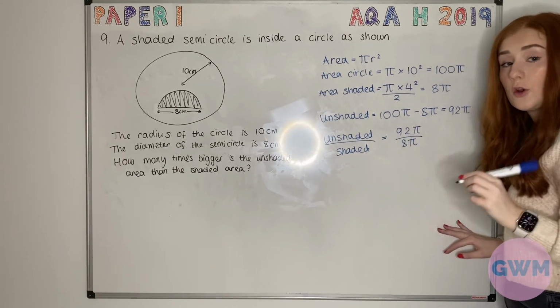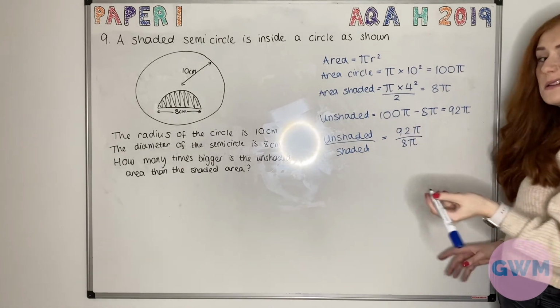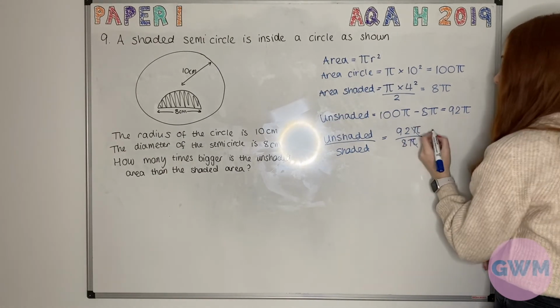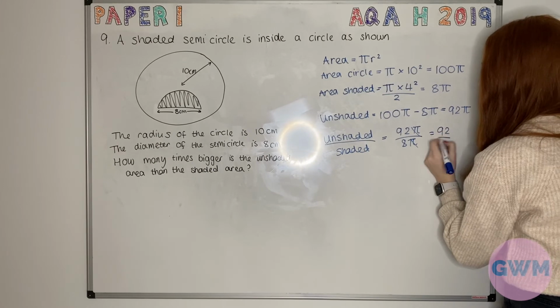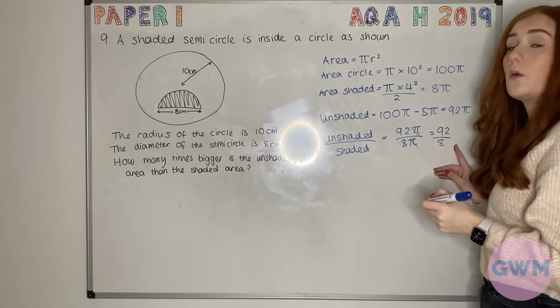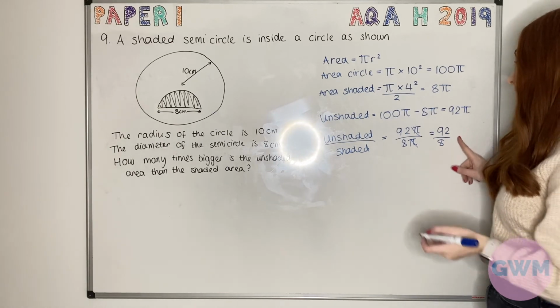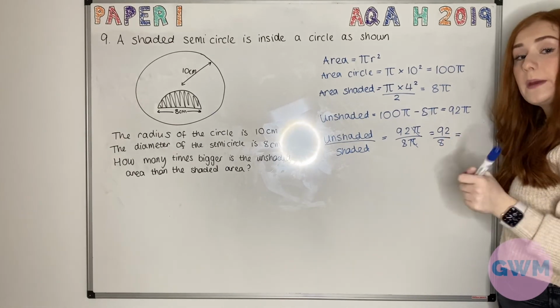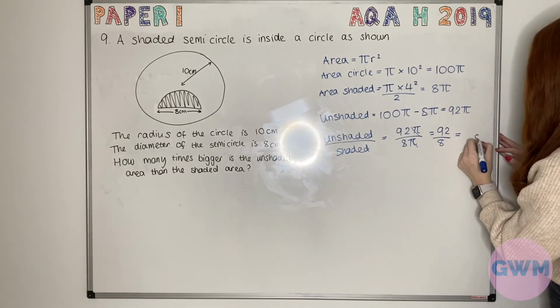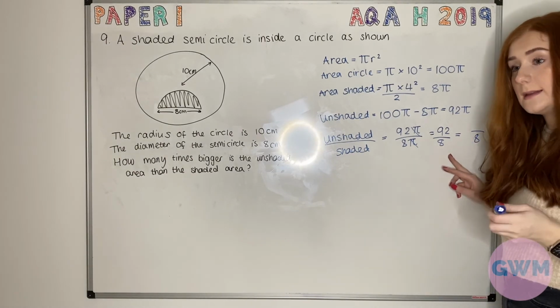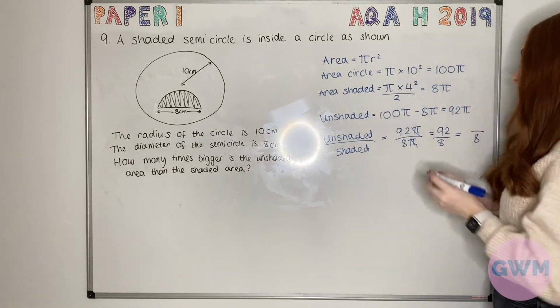Now, remember what I said about pi? It can be considered as a constant. So it's the same on the top and the bottom. We get rid of it. 92 divided by 8. Now you've got to work out how many 8s go into 92. Let's think. See if we can do it as a mixed number. So we'll have a fraction here. 8 times 10, 80. 8 times 11 is 88.